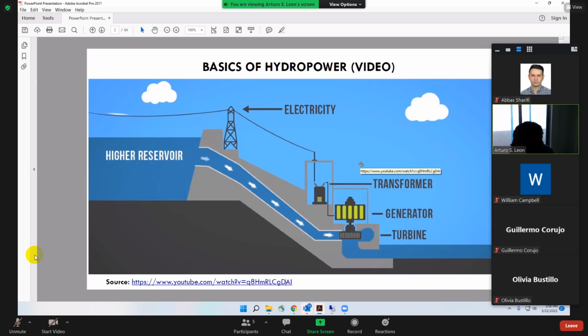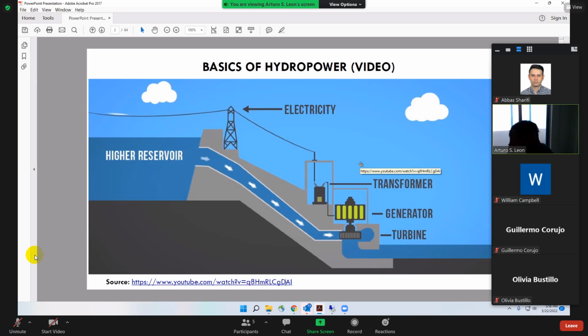For example, sun power. You cannot have sun power during the night, right? So some organizations combine hydropower plus sun power plus wind power. If the production from sun and wind is enough, you don't use any hydropower.